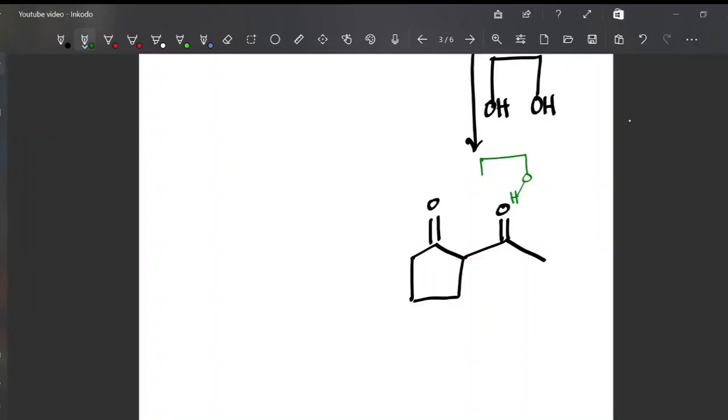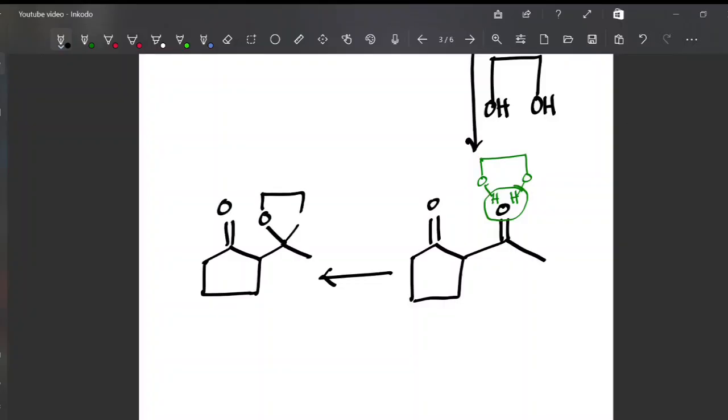So we have ethylene glycol. So this particular water is going to go out, and then the final product in this particular step is we are going to get a cyclic ketal. Yes. So this is our product.